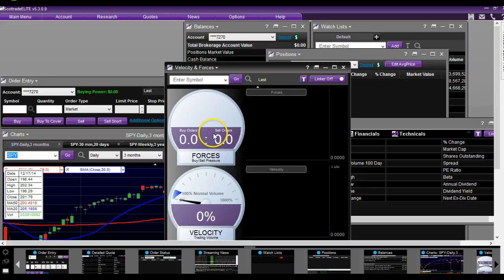So you will see half of this green or most of this green and most of this red. So you will see if there's a lot of buying pressure or selling pressure, but at the same time you'll have a velocity gauge here that will go up all the way to 1,000%. I remember when Alibaba came out with its IPO, this ticker wouldn't come down from 900%.